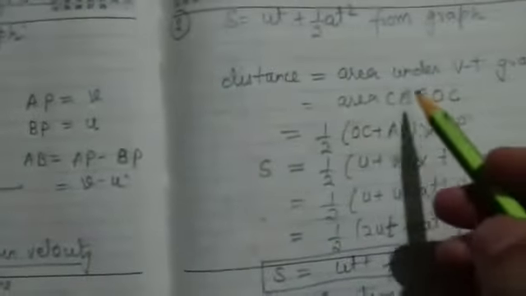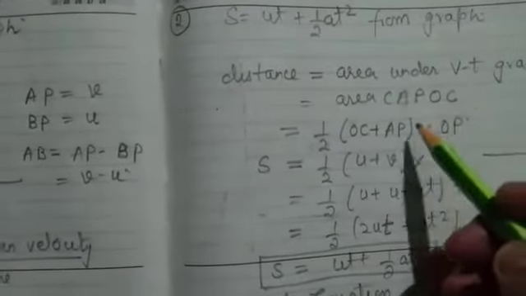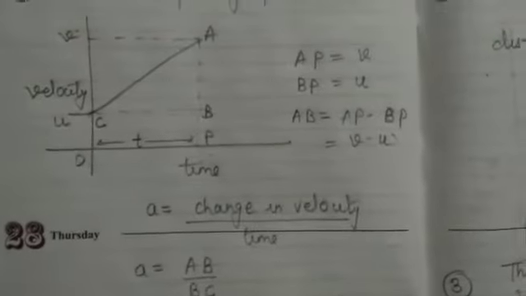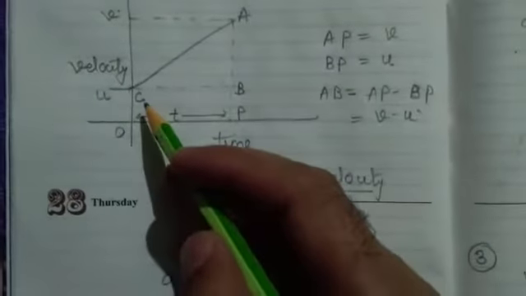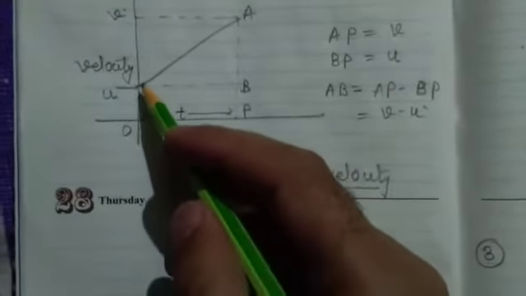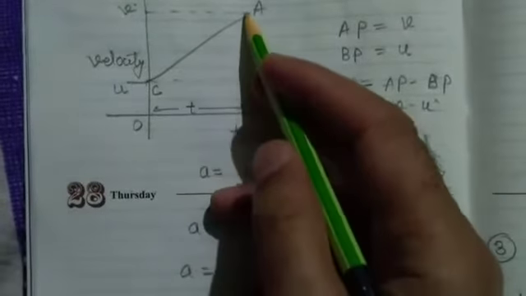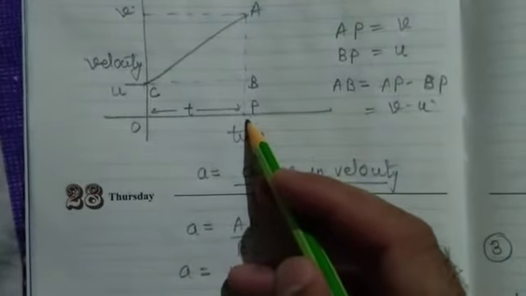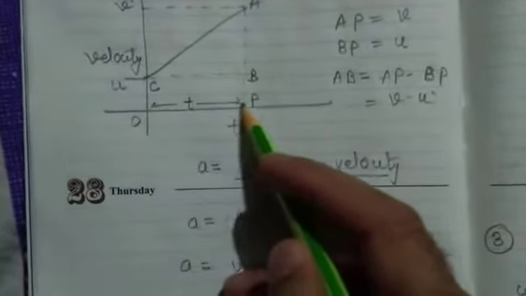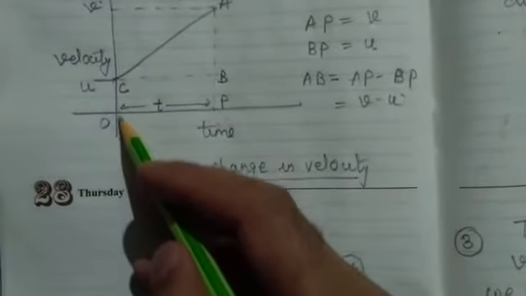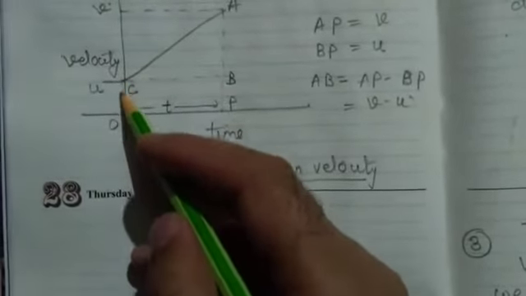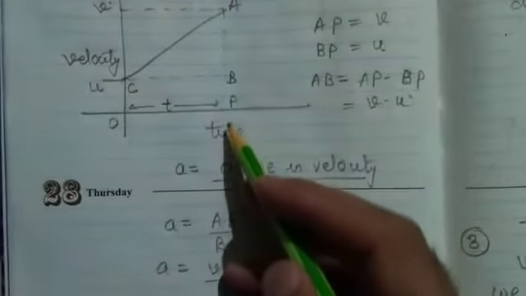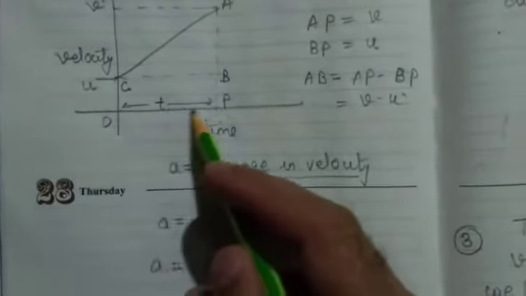I have written it here, CAPOC. Now to find this area, what we have to do is that we have to simply find the area of this trapezium, and for that the formula is half sum of parallel sides multiplied by the distance between the sides. This is one side, this is another side. So half OC plus AP multiplied by OP.